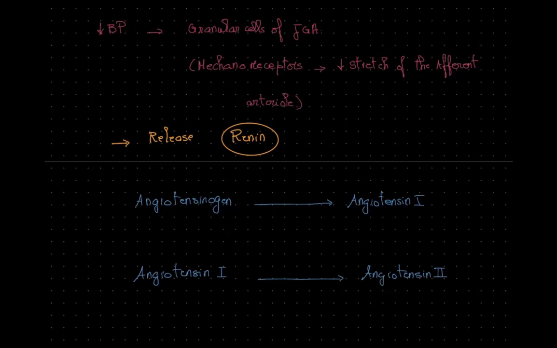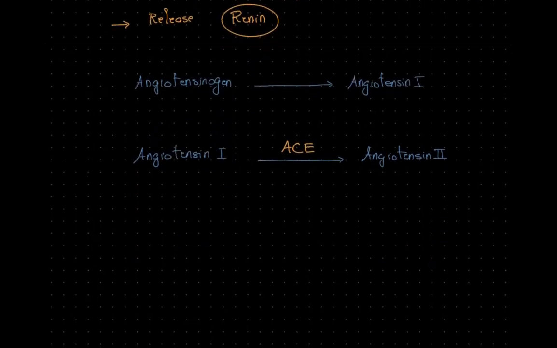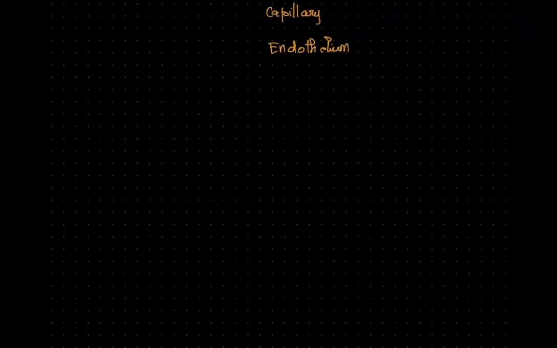And this is going to be mediated by an enzyme called angiotensin converting enzyme that is located in the capillary endothelium. Angiotensin 2 will increase my blood pressure by 5 different means.